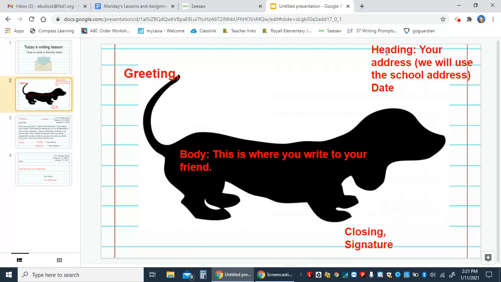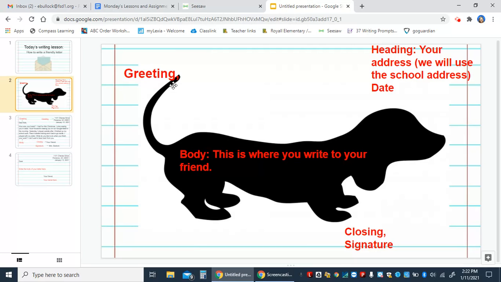Then after you do your heading, which is your address and your date, you're going to do a return sweep, but go back to the left. And you're going to start with what's called your greeting. Now, I made sure to have my dog's tail up top over here because I like to think of what a dog does when you see him for the first time.